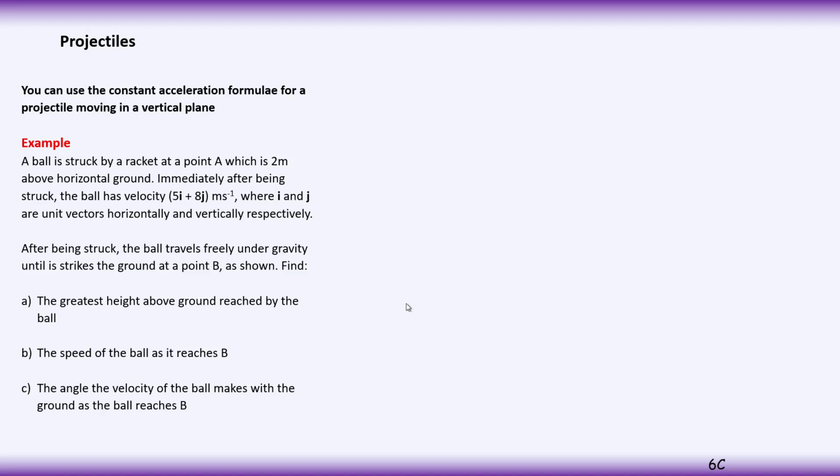So, again, first things first, let's sketch the trajectory of this ball as it's hit. 5i plus 8j. So this is very similar to the questions we've done earlier, except this time, instead of using an angle, we used I and j, so we can resolve it straight away. I is horizontal component and j is the vertical component.